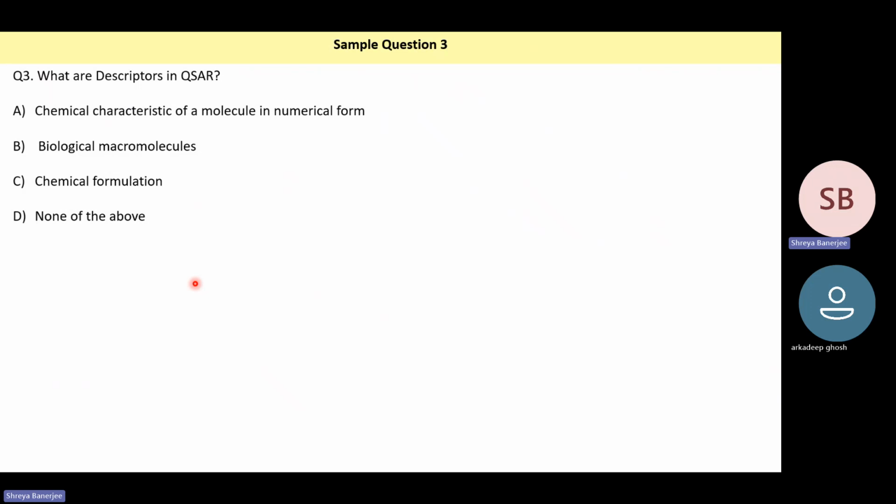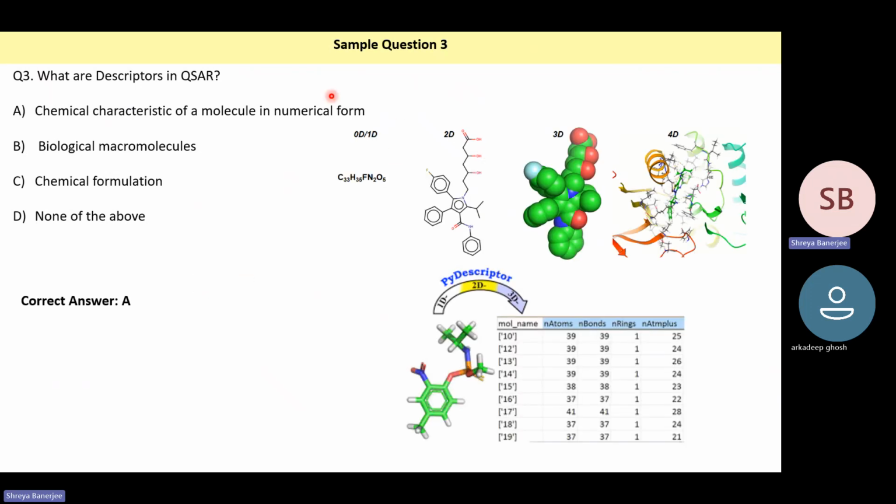The next question is asking, what are descriptors in QSAR? So descriptors can be of different types.